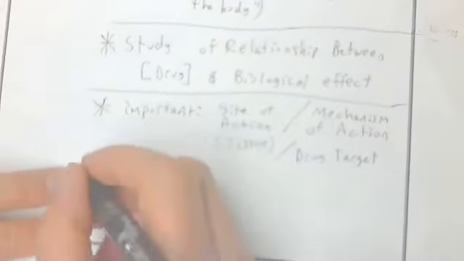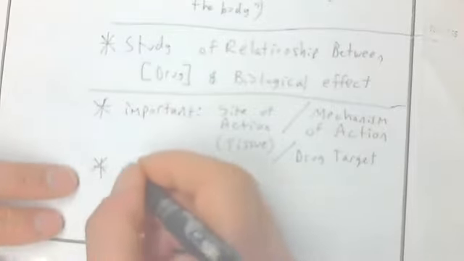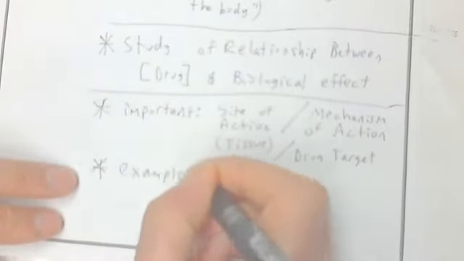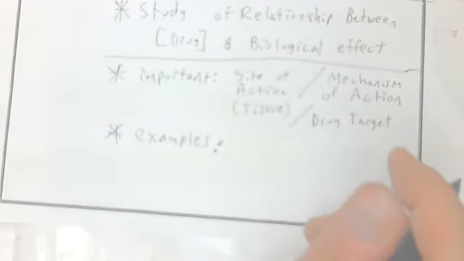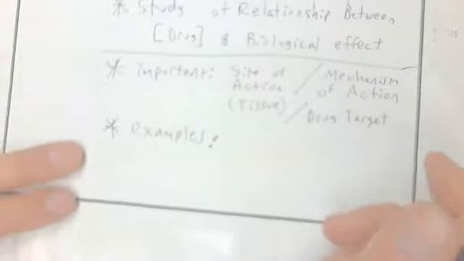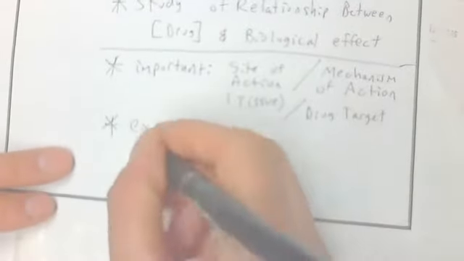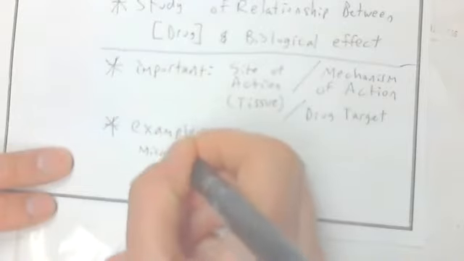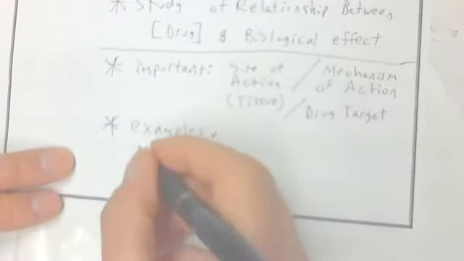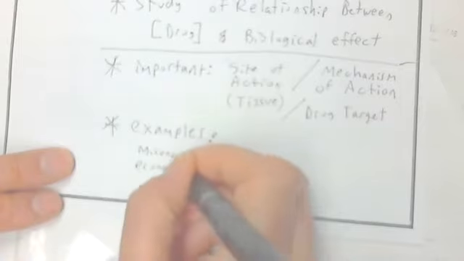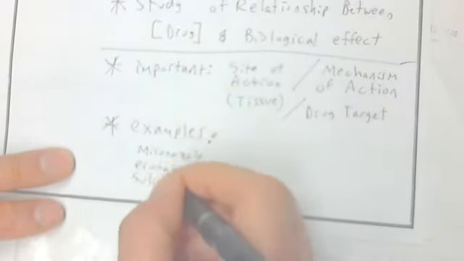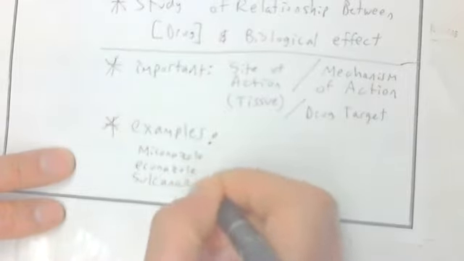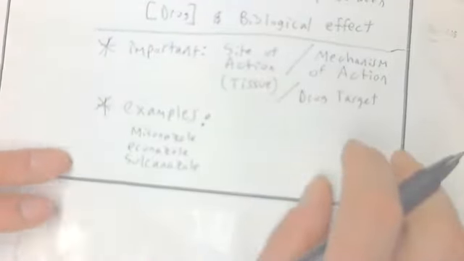Okay, so what are some examples of drug targets? We'll just review a couple briefly. Some of the ones we did earlier on, like miconazole, econazole, sulconazole. Remember those? Anybody remember what those were?